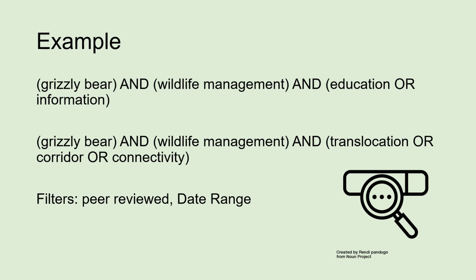So one search was with my original keywords and then adding the words education or information to get at that first theme of changing human behavior. And then my second search was my original keywords and adding keywords like translocation or corridor or connectivity to get articles that address that separate part of my argument.